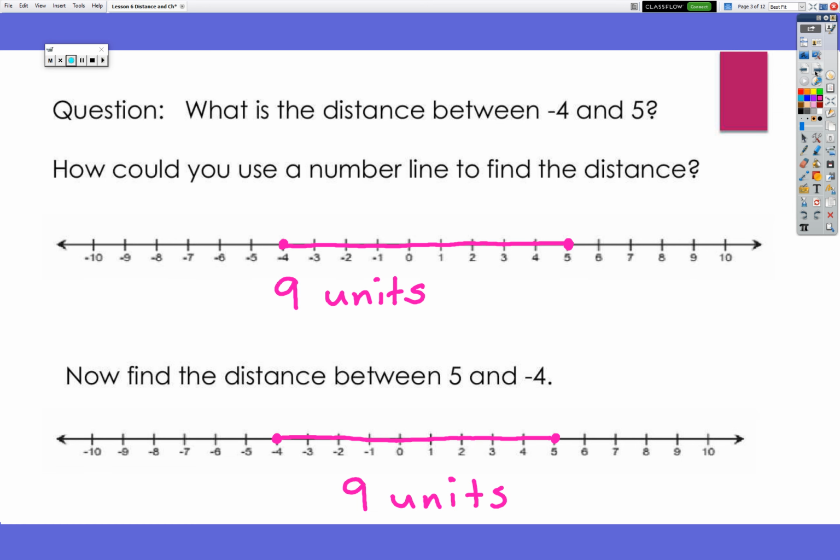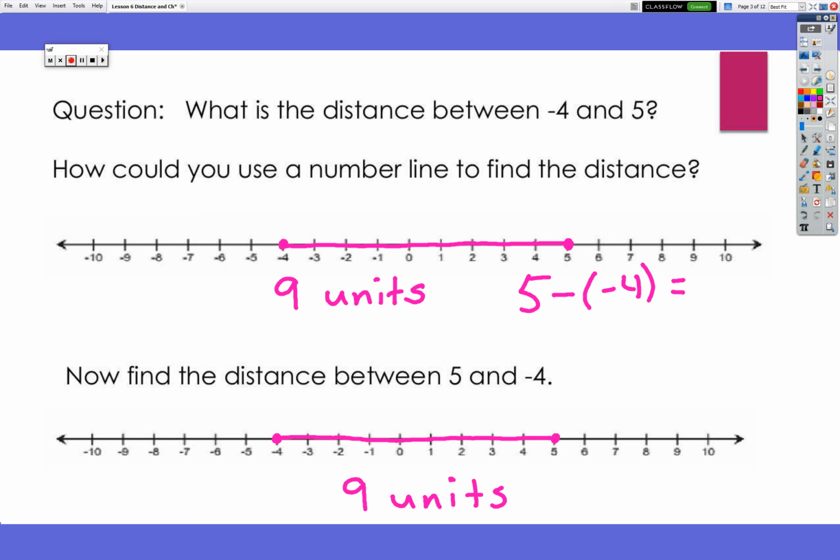Here we go. Okay, so first we were finding the distance between -4 and 5. I'm going to subtract those two numbers. I'm going to do 5 minus -4. Now remember, when we are subtracting integers, remember our rule. Subtracting is the same as adding the opposite. I'm kind of losing my voice, but if you remember our song, subtracting is the same as adding the opposite.